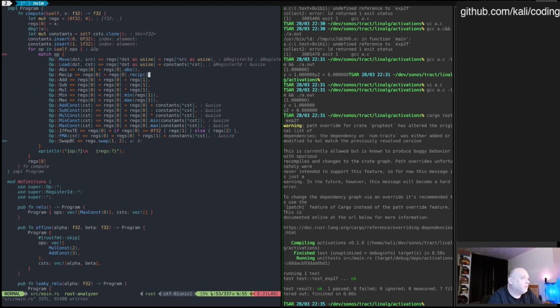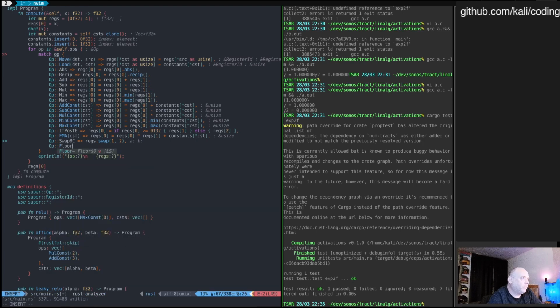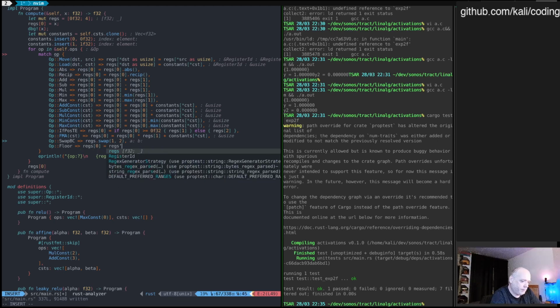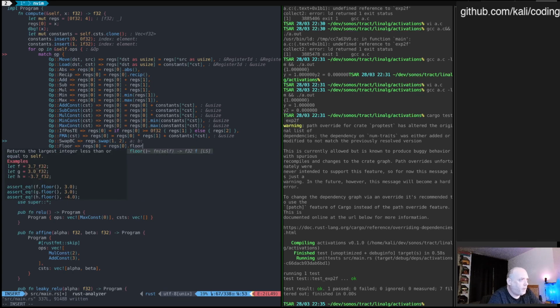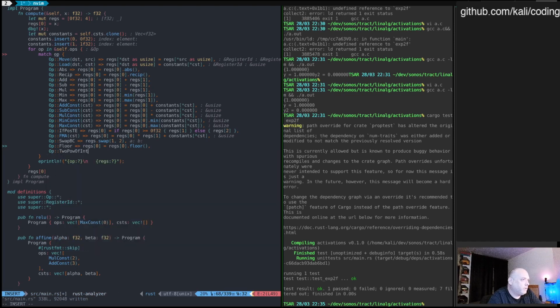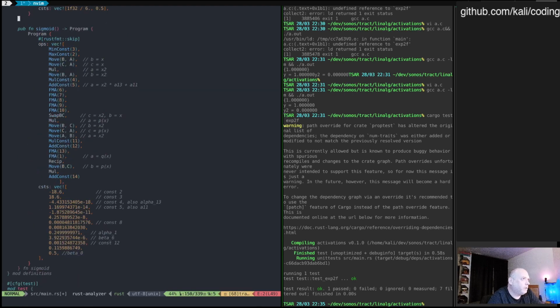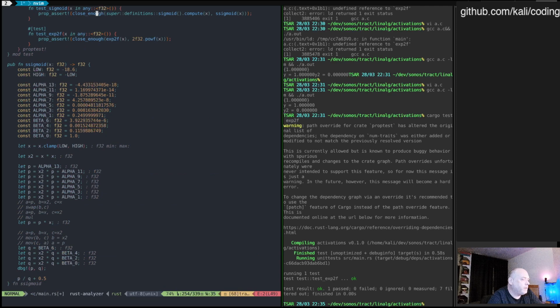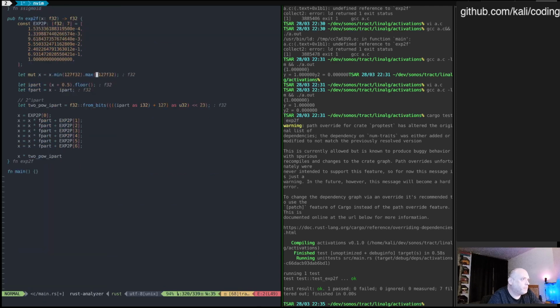So a bit of debug. Up floor will be regs of 0 equals regs of 0 dot floor. This is the easy one, and the other guy will do this ugly thing that we spent so much time on.